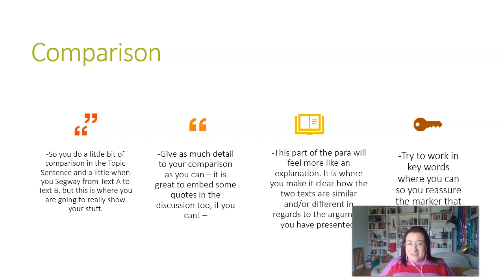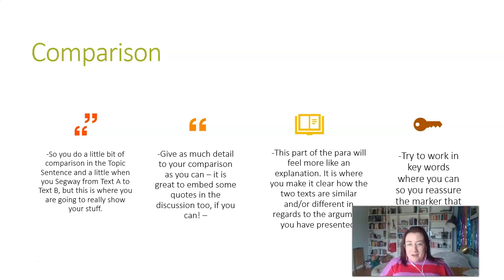Give as much detail to your comparison as you can, without obviously repeating yourself. It's a great place to embed some quotes in the discussion too, if you can. You don't have to provide evidence for your comparison, particularly because you've probably provided it earlier in the paragraph. But if there are further quotes that you could embed, go for it.